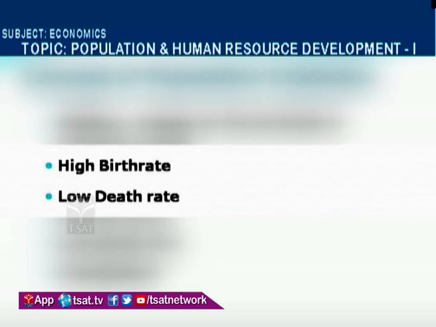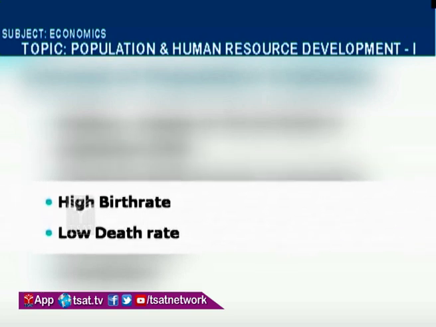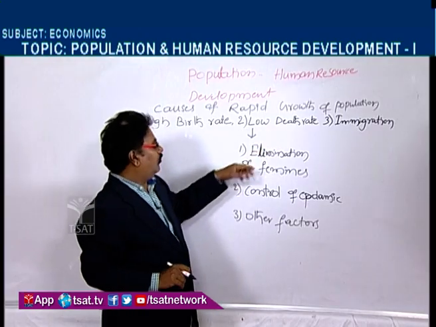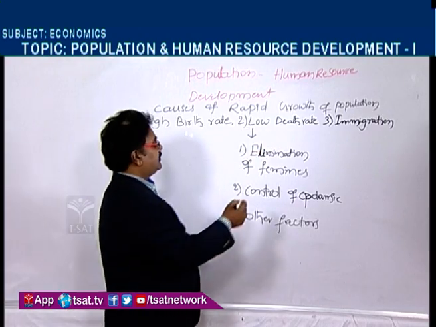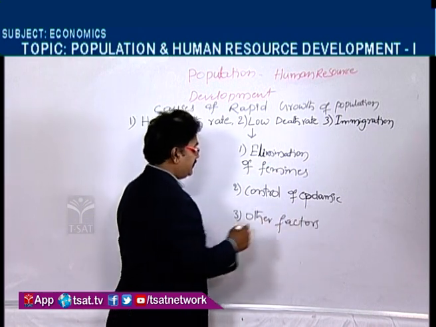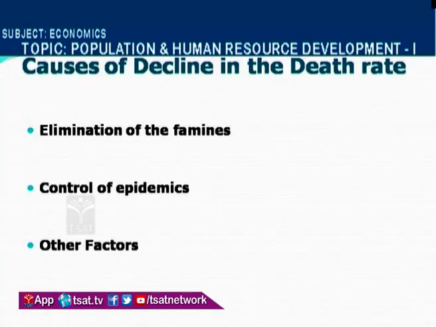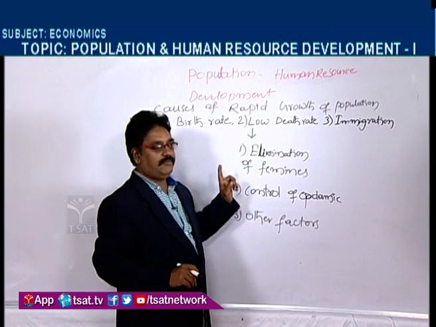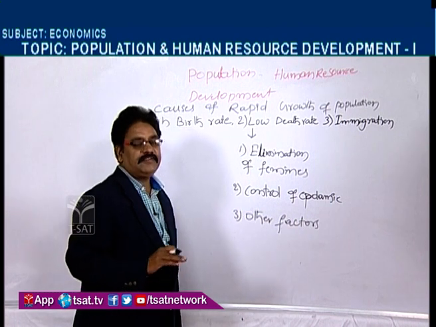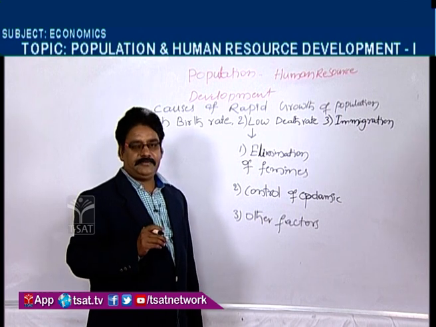The second cause that leads to the rapid growth of population in India is low death rates. We will discuss it in three points: elimination of famines, control of epidemics, and other factors. These three are causes for the low death rates. Elimination of famines: recurrence of famines was a natural phenomenon during the British period.